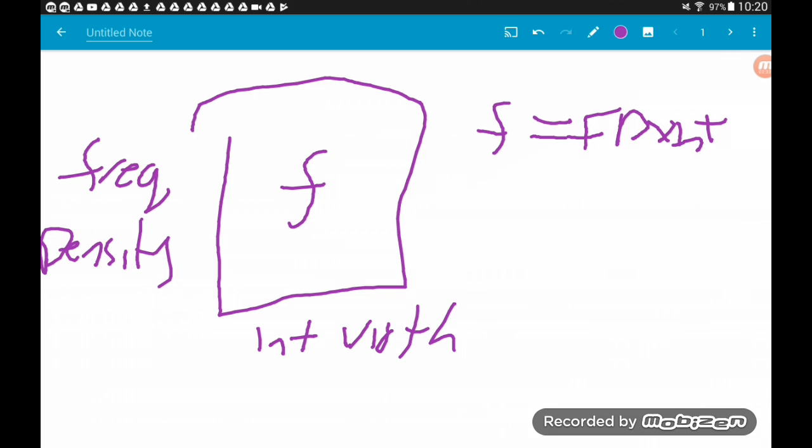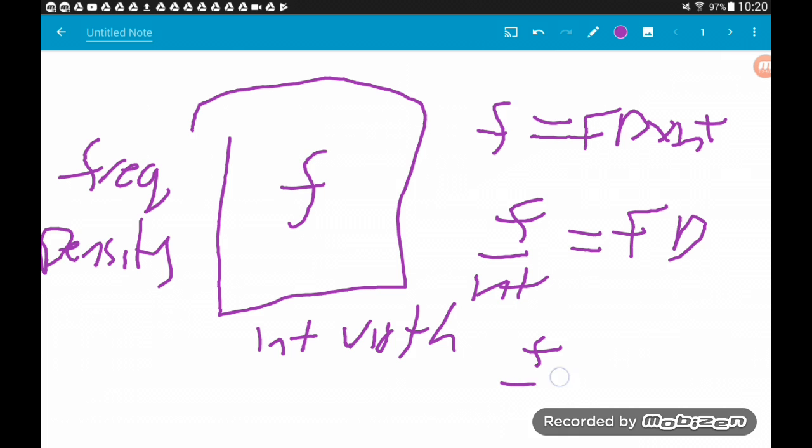If we divide by the interval width, we get frequency over interval width is frequency density, or if we wanted the interval width, it would be frequency divided by frequency density. Now this was never pointed out to me when I was at GCSE level, which is annoying because it makes histograms so much simpler. Okay guys, let's get cracking then with some questions.